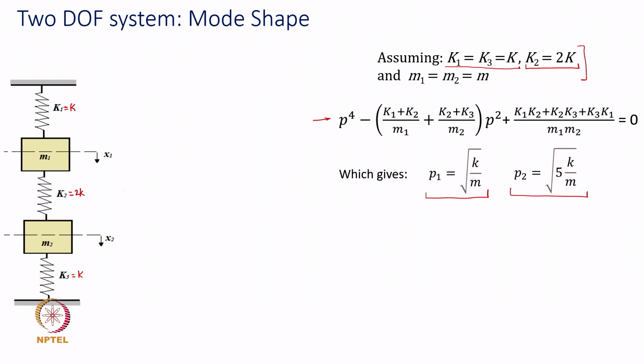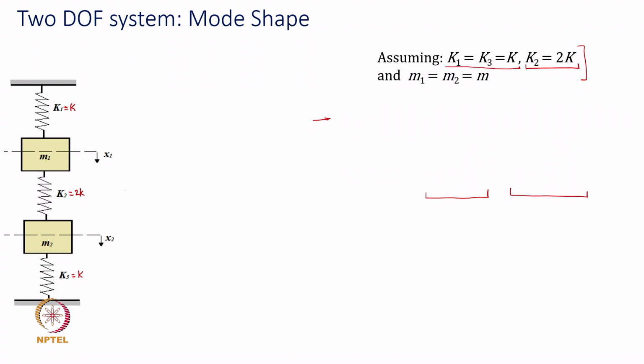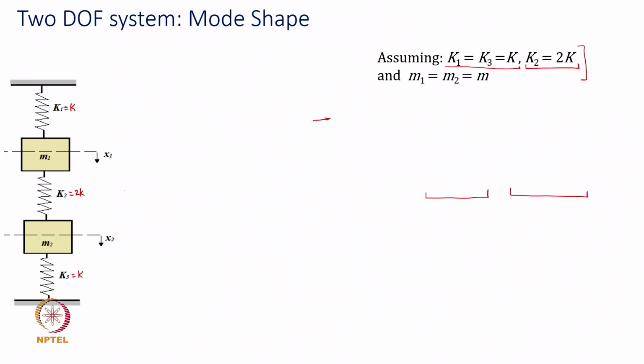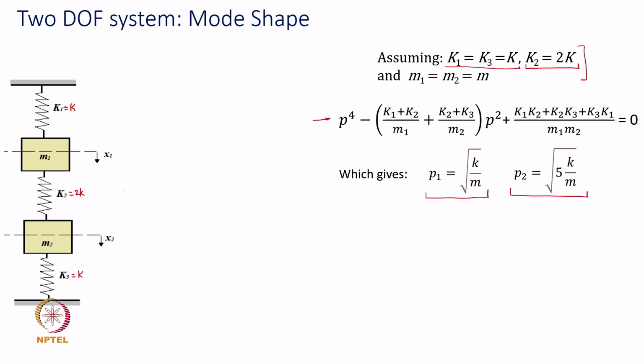Instead of solving this quadratic equation, you can substitute these values into the frequency equation for a direct solution of the frequencies. Using this equation also you can get the 2 expressions P1 and P2, and you will definitely get the same answer here.